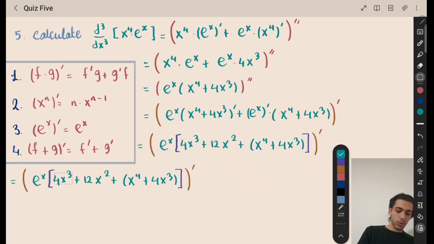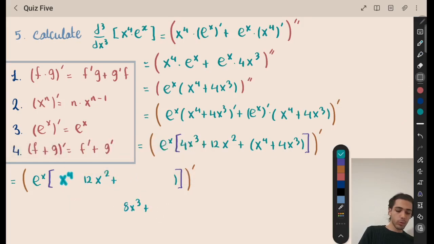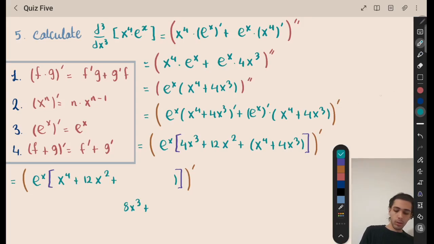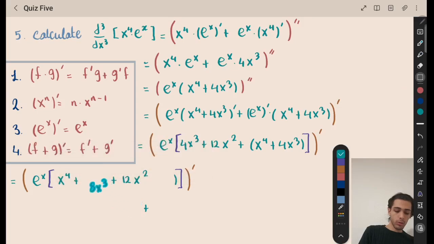So 4x to the third, and you have 4x to the third, that's 8x to the third. And you have an x to the fourth, which does not change, it just stays as it is. And so it's 8. So I like to write them in order, because why not?